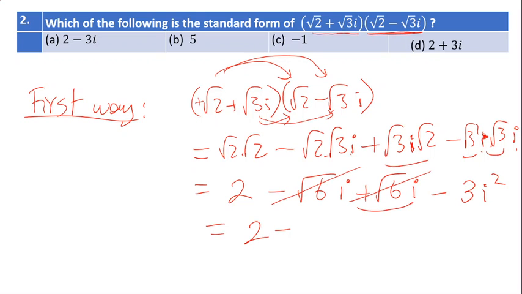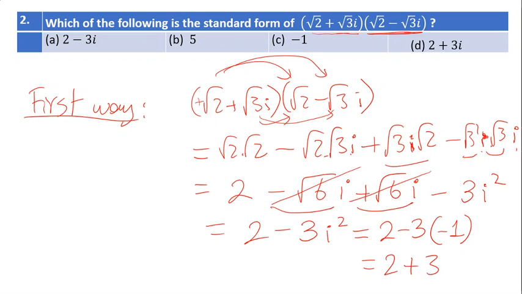This one is plus, and the other is negative, so you can write 0, and they will cancel each other. Then 2 minus 3i squared is 2 minus 3 times i squared. i squared is minus 1. So we'll end up with 2 plus 3, which is 5.